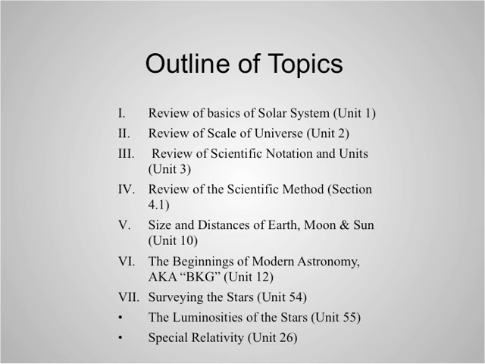We will begin by reviewing the basics of our solar system, the scale of the universe, scientific notation and units. We will talk about the scientific method and the sizes of the Earth, Moon, and Sun.